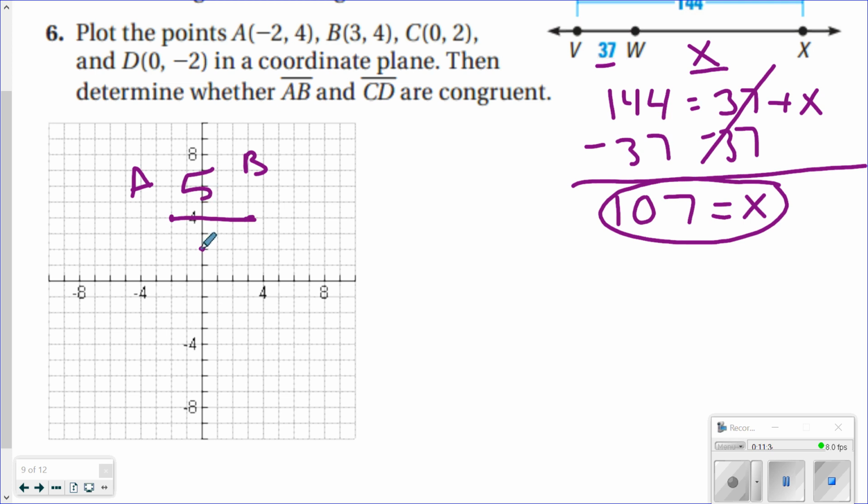And D is 0, -2. So this is C, this is D. And if you count those spaces, it's 4. So is 5 equal to 4? No, it's not. So they're not congruent.